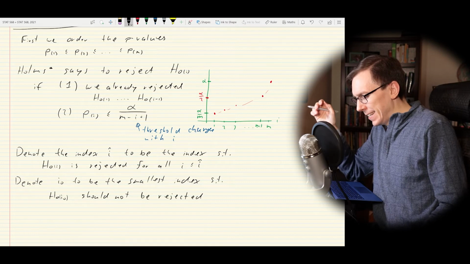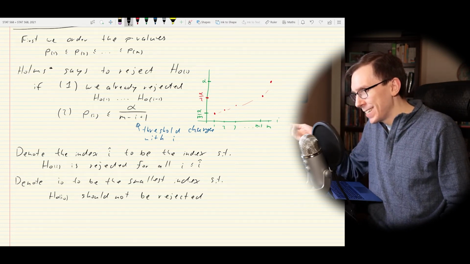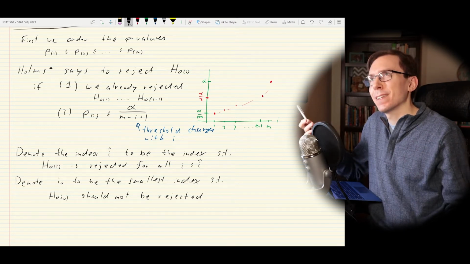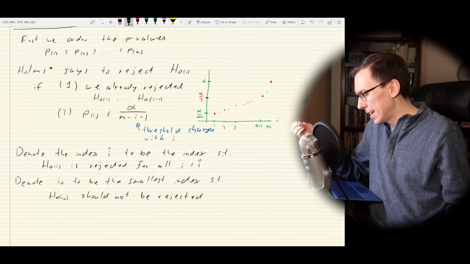So in a sense, it's the smallest index such that h naught should not be rejected.